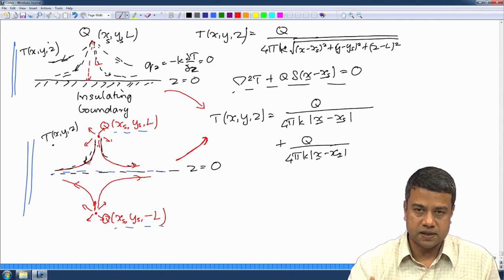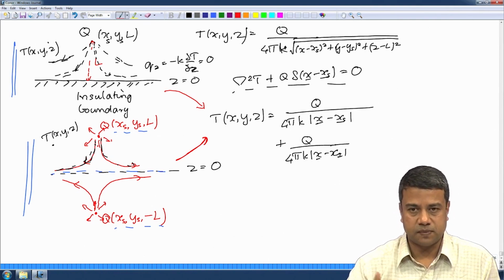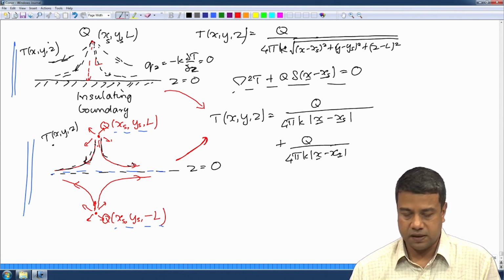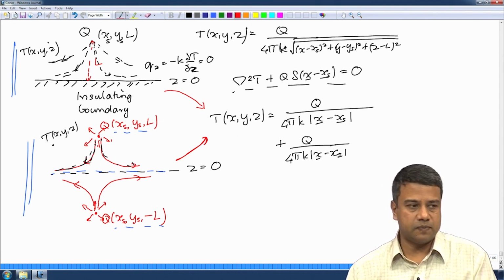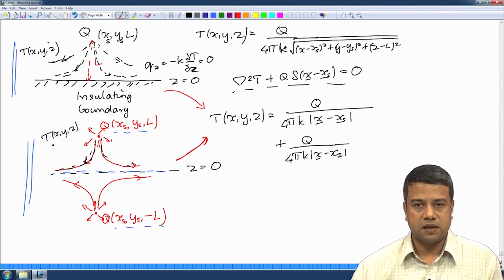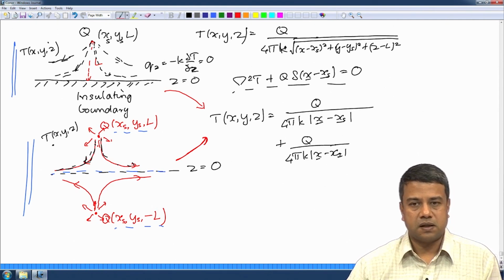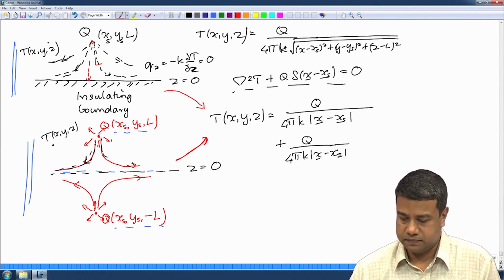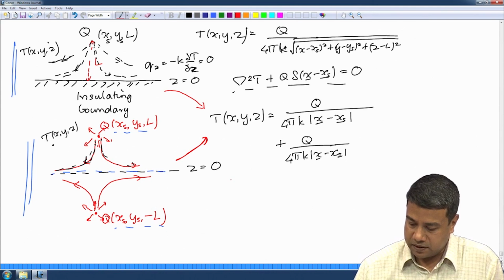The heat conduction equation is identical because you have a source only in the upper half space. Therefore, the solution has to be identical. So, basically this problem of a boundary, I have replaced it by a problem where I have two sources in such a way that the conditions at the mid plane are identical to the conditions that I would have had at the boundary. So, this is called the method of images.